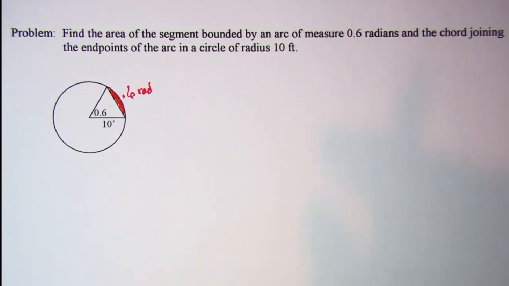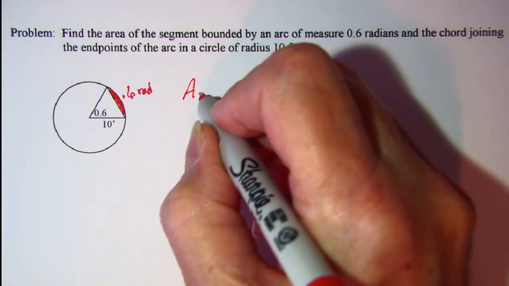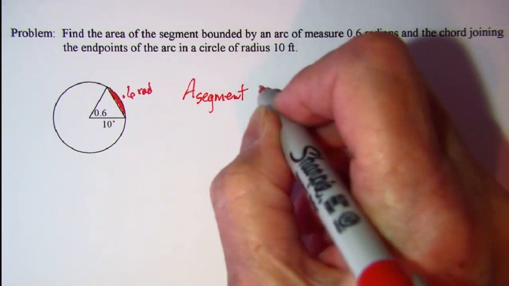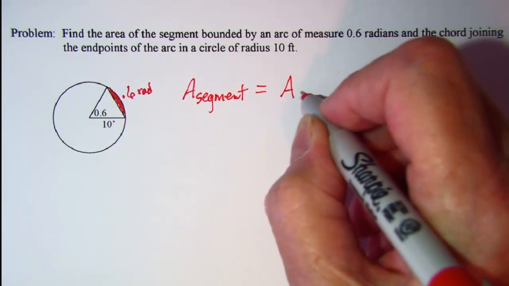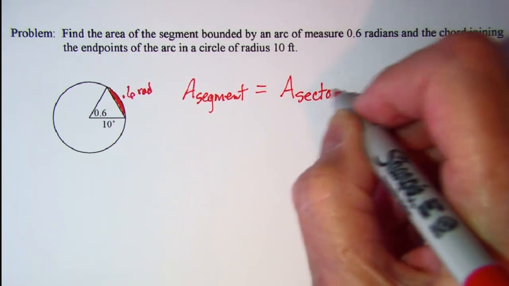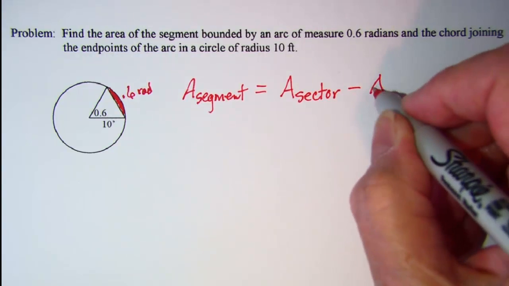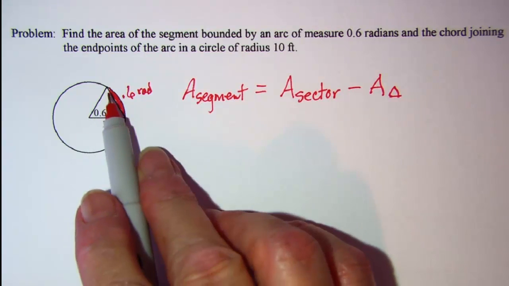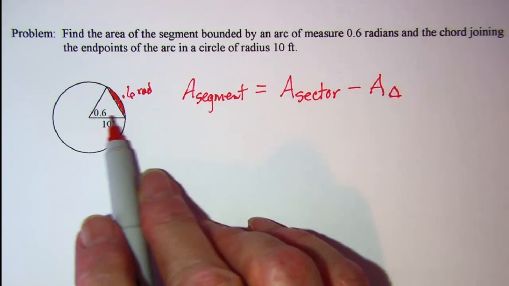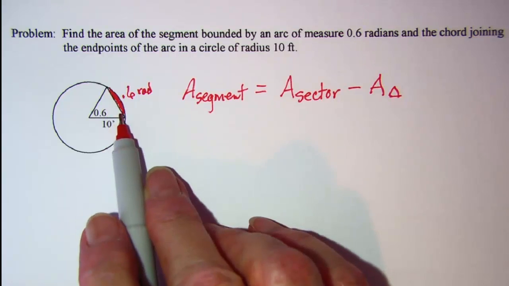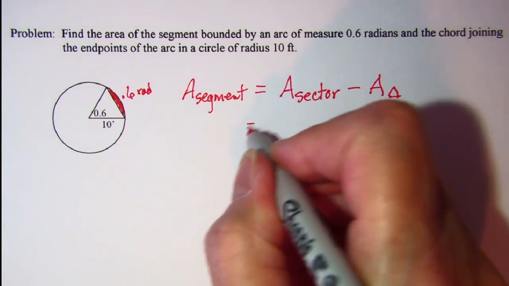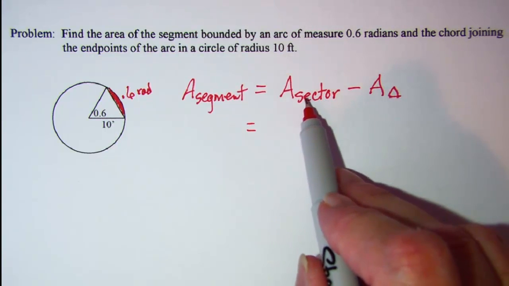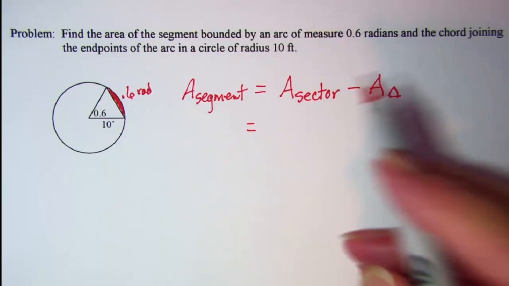So the area of the segment is equal to the area of the sector minus the area of the triangle. And the triangle is the figure that's formed by the two radii and the chord. Alright, so our area of our sector, remember it's a fractional part of the area of the whole circle.